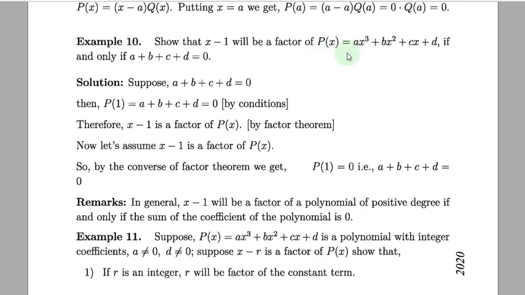So x minus 1 is a factor of p(x) if and only if a plus b plus c plus d is equal to 0. If and only if means you need to prove the condition in both ways, in the normal way and in the converse way also.